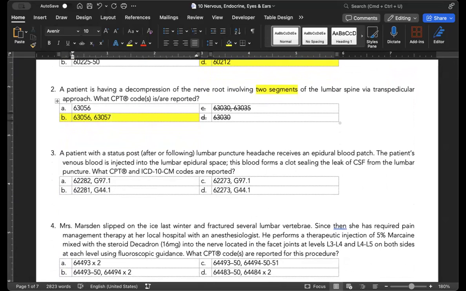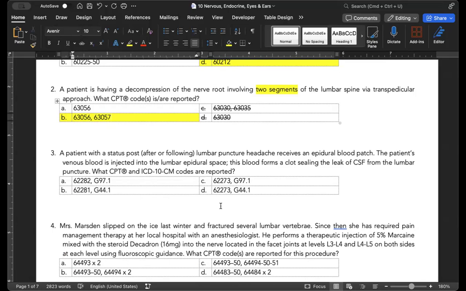Number three, a patient with a status post lumbar puncture headache receives an epidural blood patch. The patient's venous blood is injected into the lumbar epidural space, and this blood forms a clot, sealing the leak of CSF from the lumbar puncture. So we've got two that have 62273.